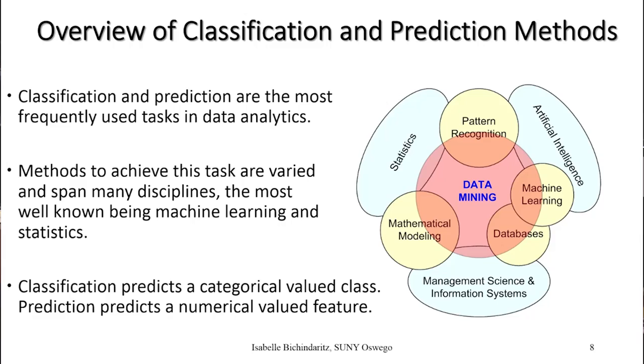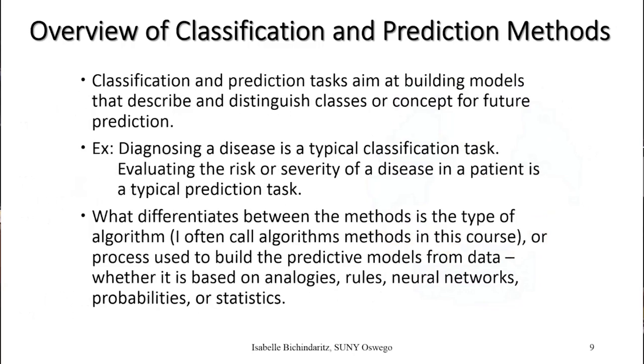And we refer to prediction when we predict a numerical valued feature. So for example, we want to predict the survival length of a patient or a risk index that would be numeric. Then we would talk about a prediction task. So classification and prediction tasks all are going to build some models.